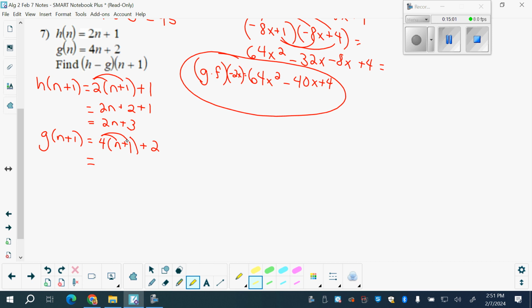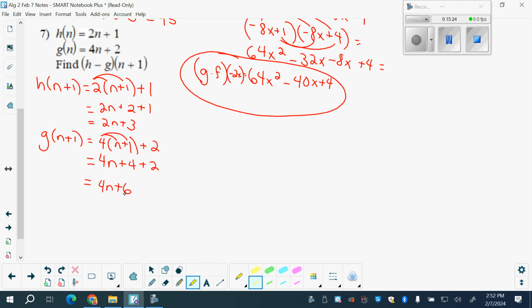What do we get when we multiply 4 by each? Yes, 4n plus 4. And we get 4n plus 6.